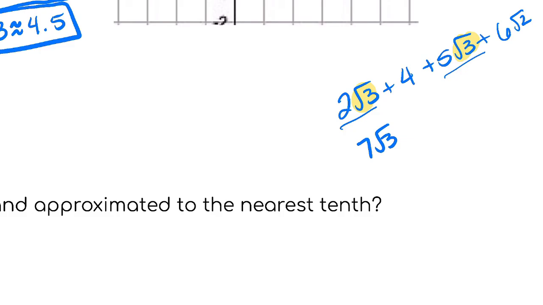We had a whole number, 4. 4 is the only whole number. You would typically put that first. So 4 plus 7 root 3, we're just simplifying essentially. And then 6 root 2 does not have a like term, so it would be just 6 root 2. So this is how you simplify expressions that involve square roots. You combine what you're able to combine, and if you can't combine it, you just write it.